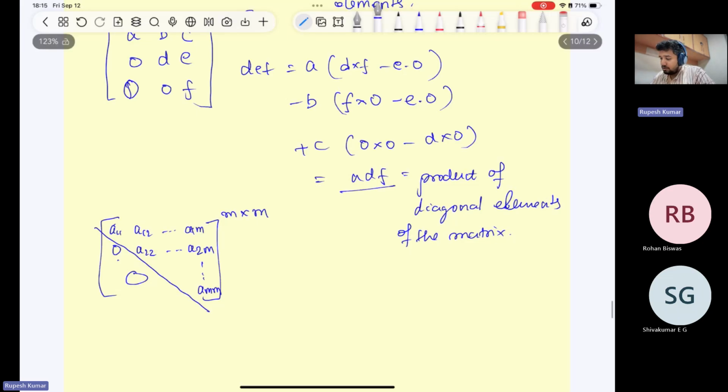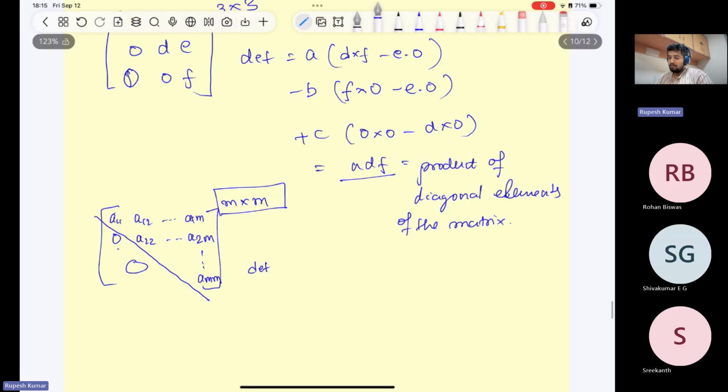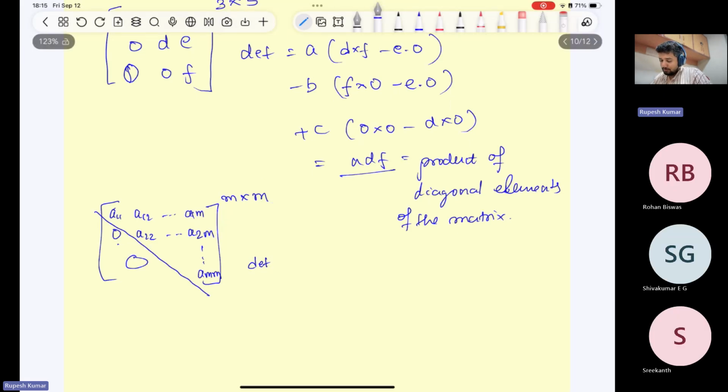Now again, how to find the determinant? This is a generalization of the upper triangular matrix for the general case, which is M cross M, right? Now how to find the determinant of this matrix? Again, determinant is equal to A11 into the determinant of the minor of A11, right? So the minor matrix for the element A11 would be this matrix.